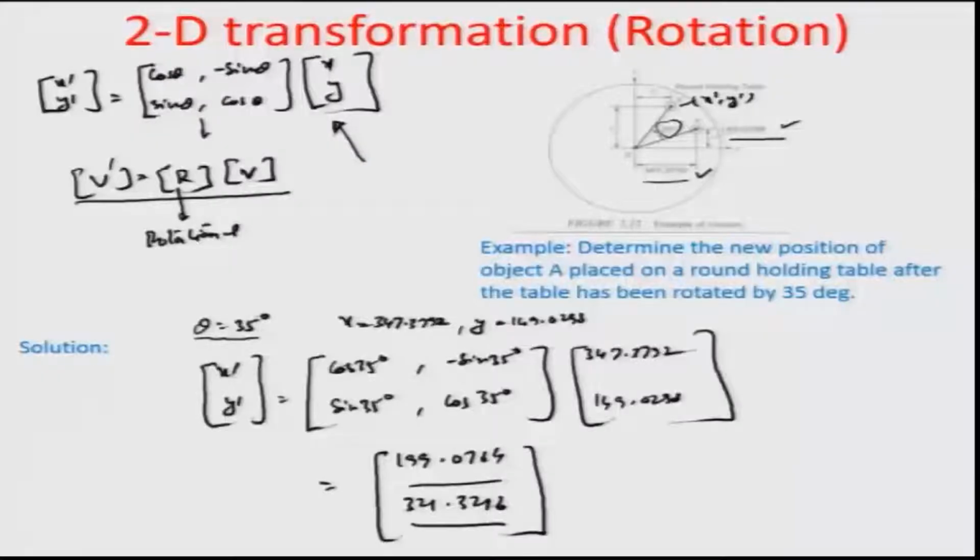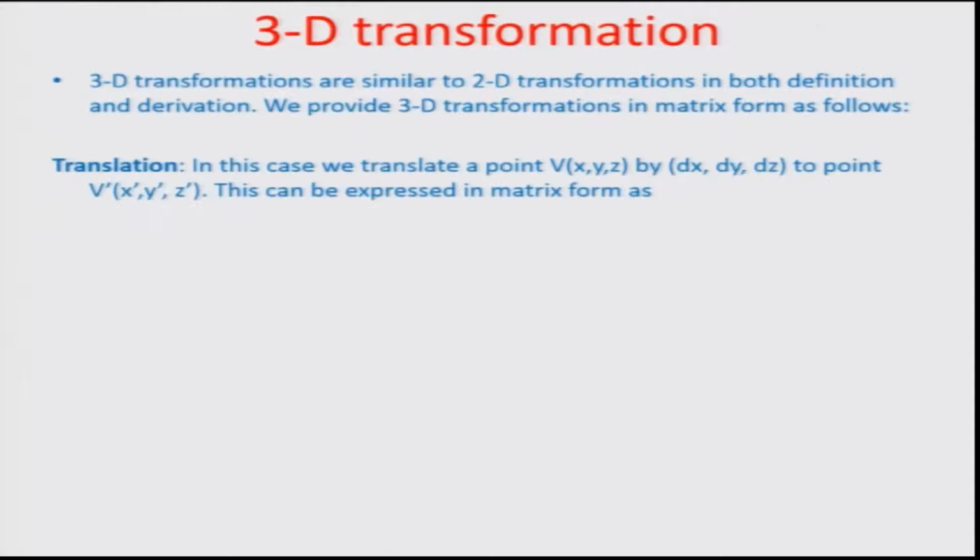So, let us now go from 2D to 3D space and try to see how these transformations would change. When we talk about 3D transformation, obviously there is an addition of a new coordinate z in addition to x and y.